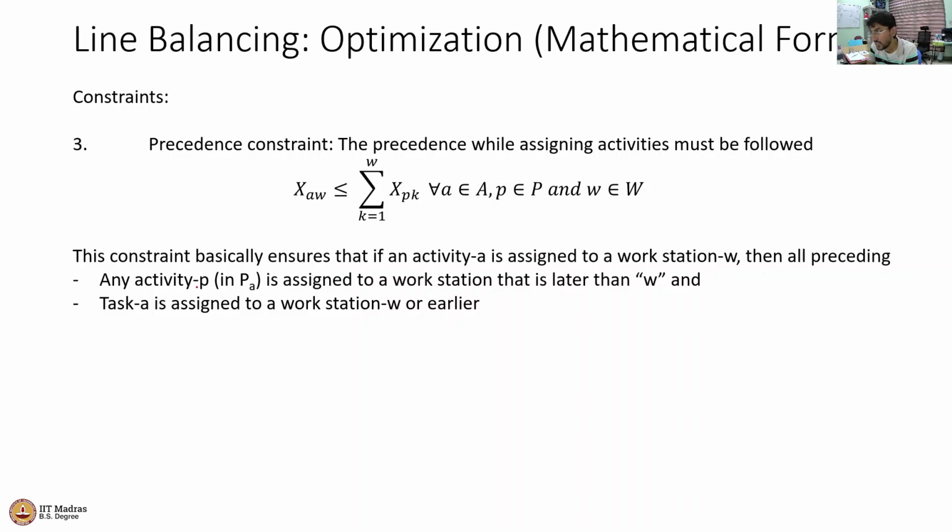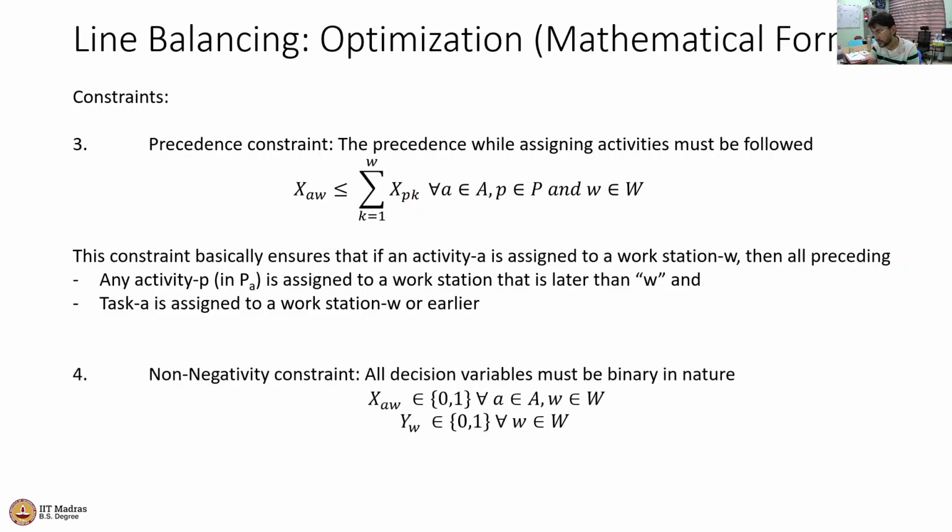For any activity that is a preceding activity for A, it must have already been completed in a workstation that is W or lesser than W, and the task A is assigned to a workstation that is W or later, right? So that is what is basically established here. So this is the precedence equation. Finally, we have the non-negativity, where all the decision variables must be binary. They should be either 0 or 1. So that is our final non-negativity constraint.